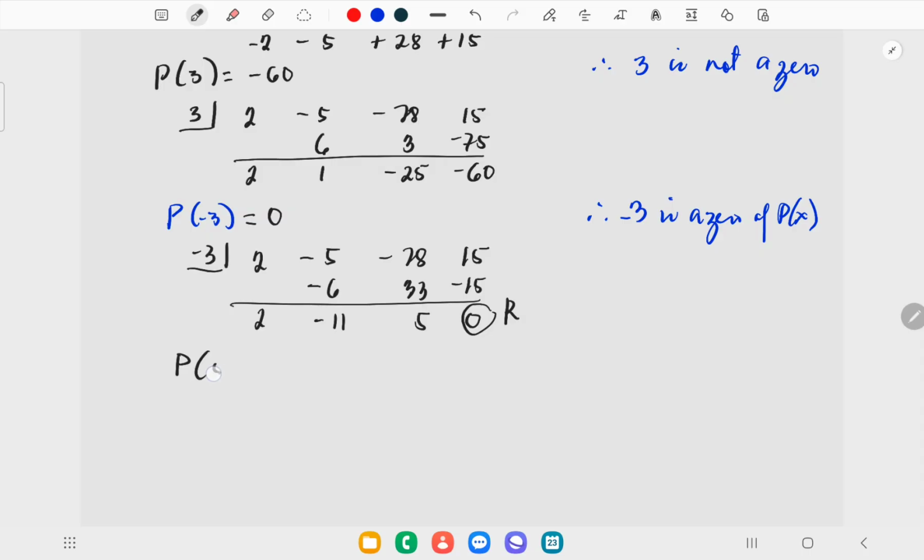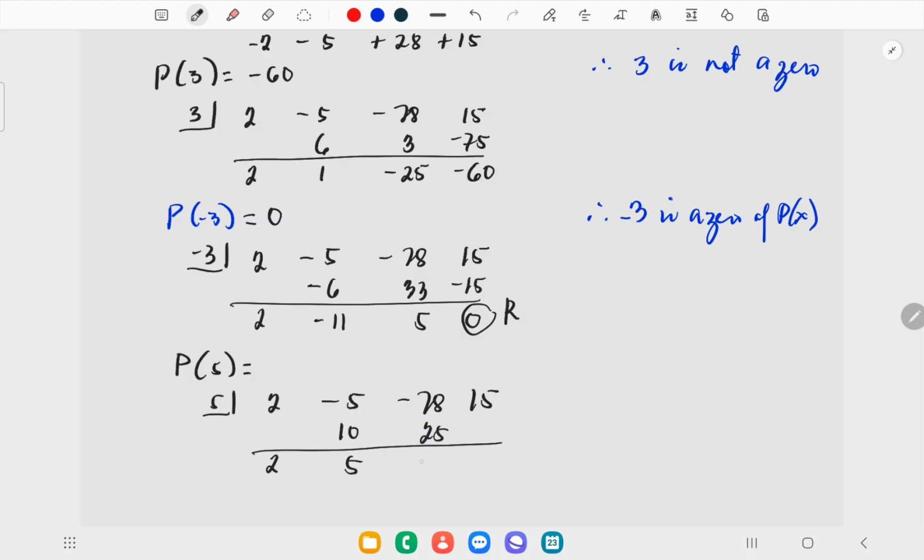So we now have P of 5. Again, let's check making use of synthetic solution. So we're checking 5. Thus we have 2, negative 5, negative 28, 15. Then we have 2. 2 times 5 is 10. Negative 5 and 10 will give us 5. 5 times 5 is 25.